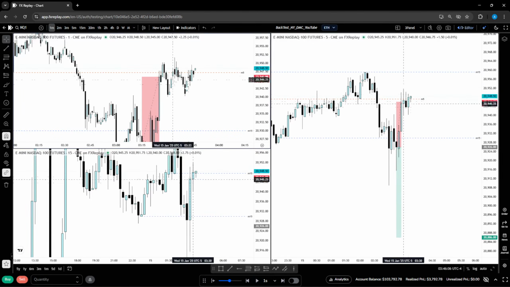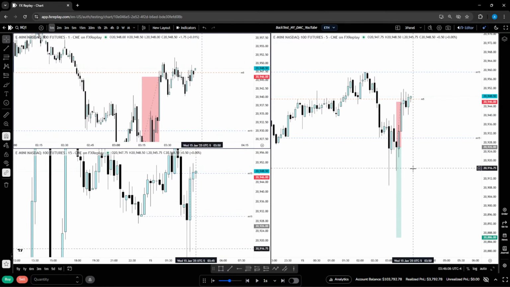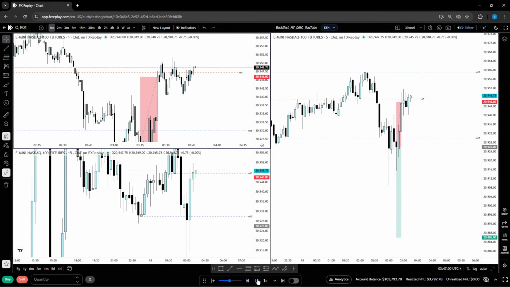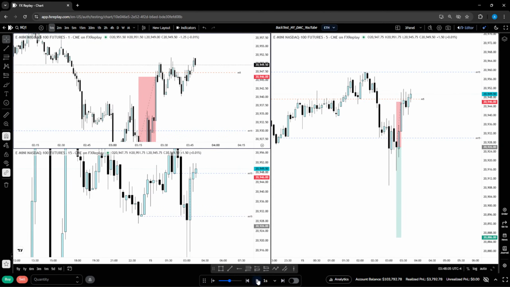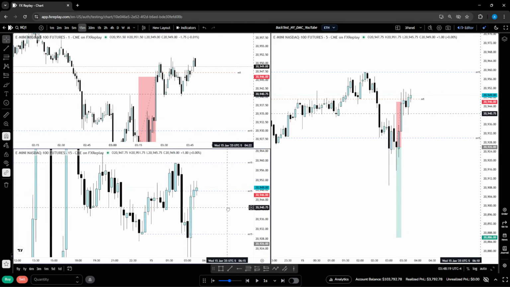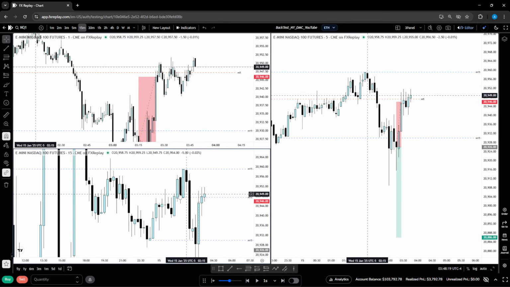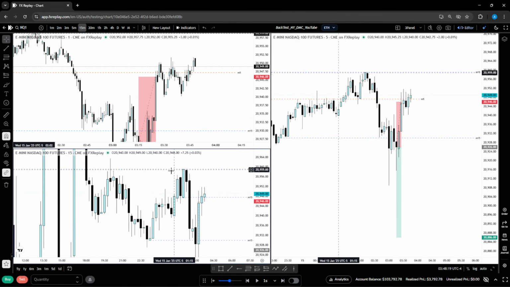Okay, so the 5 minutes did not show weakness yet. We're starting to close above that level, going to this level.